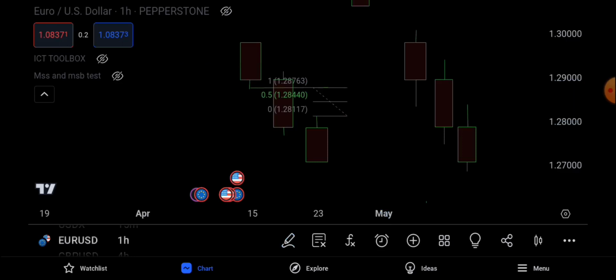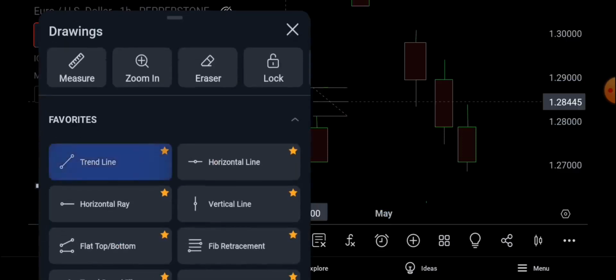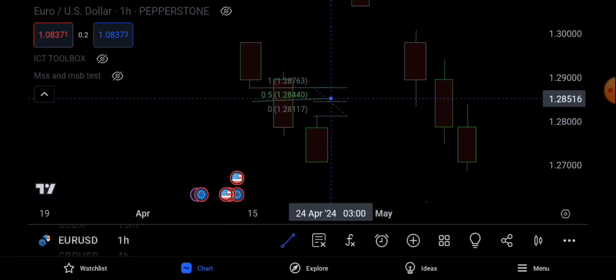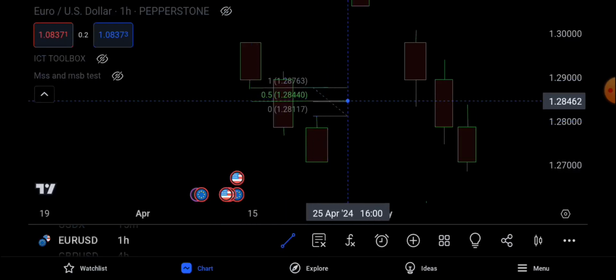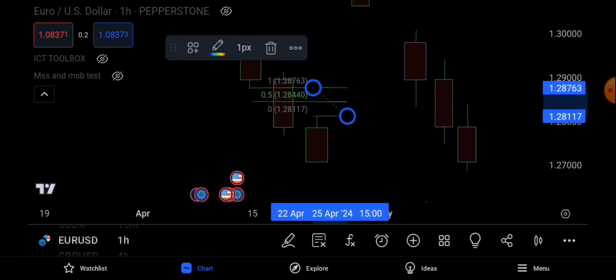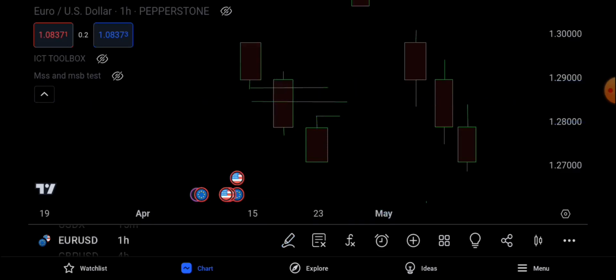So I know my 50% is right here. Then I can delete the Fibonacci tool, I don't need it anymore. It's not perfect, but it will do for the illustration.